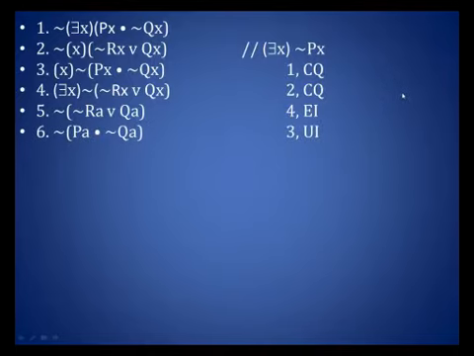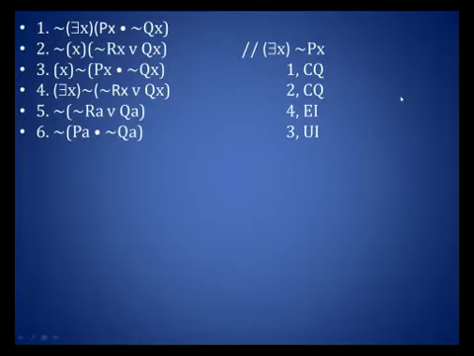Then I will now UI line 3. I will remove my quantifier on line 3 and I will replace the variables with a constant. And of course I'm going to use the same constant as I used in line 5 so that I can now perform other operations on it. But again, I wanted to make sure I EI'd first because I have to introduce a new letter when I EI.